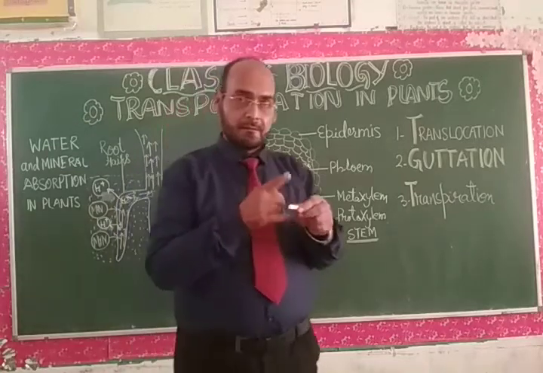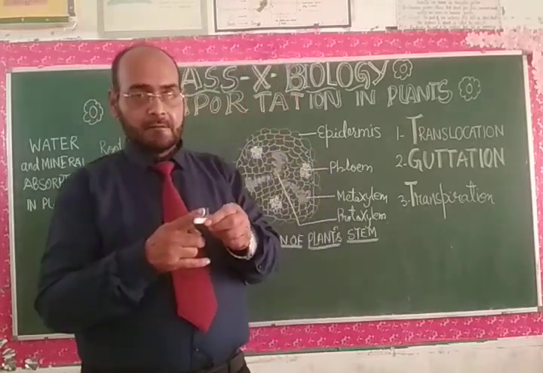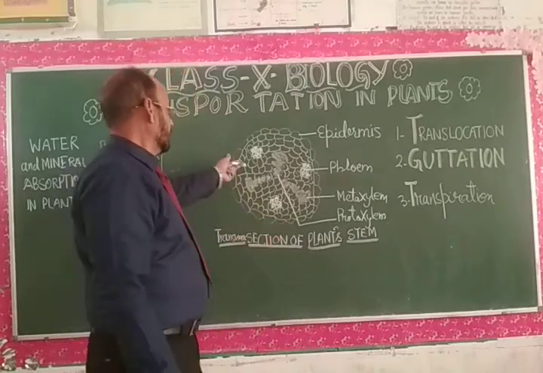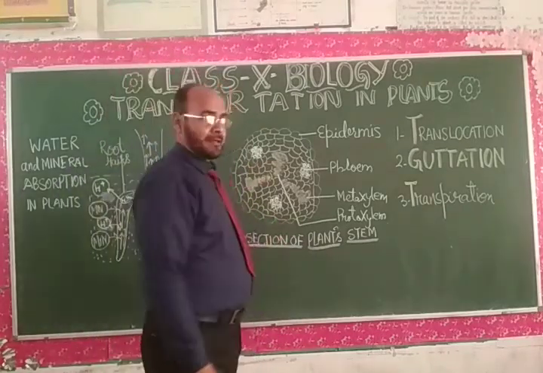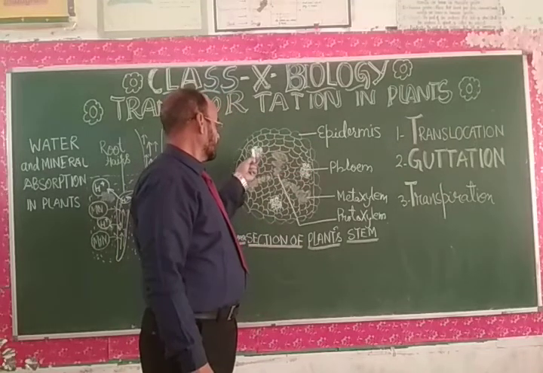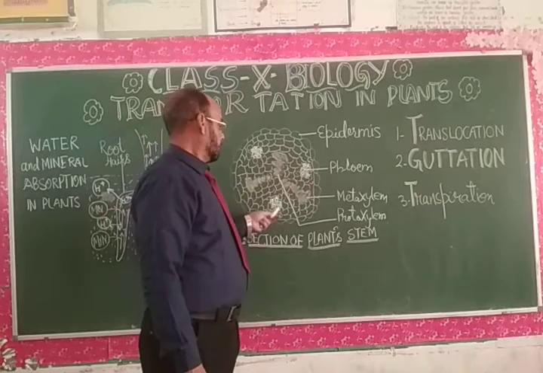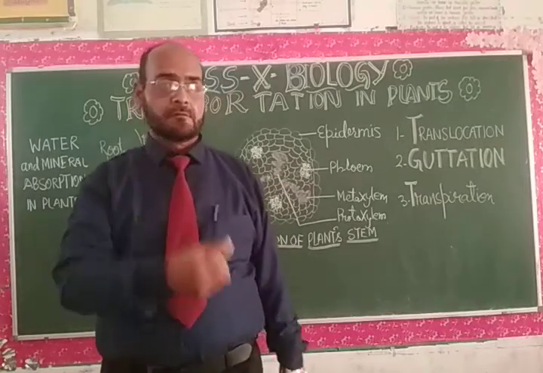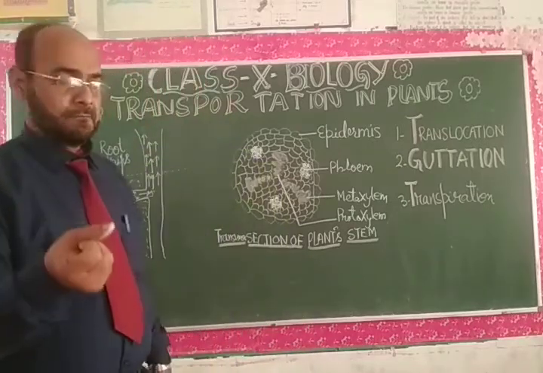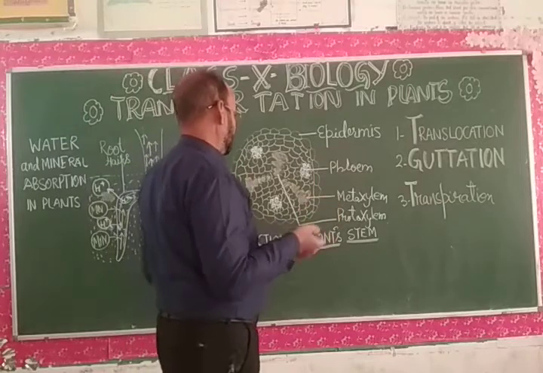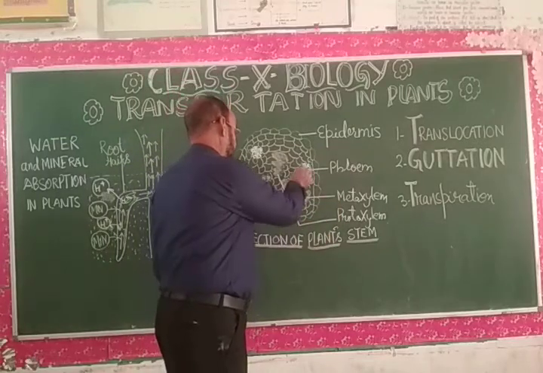If you cut the transverse section of a plant stem, you will find a structure like this, as given in the diagram, which is the diagrammatic representation. These are the phloem bundles for the transportation of food manufactured by the leaves, which gets transported with the help of these phloem bundles.